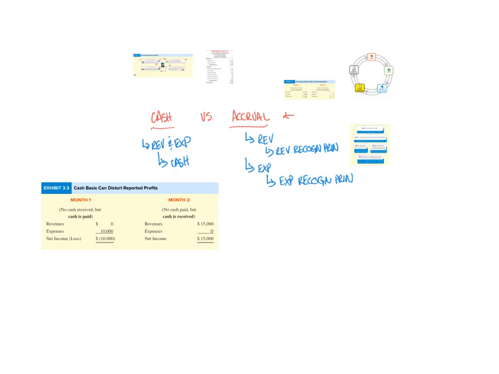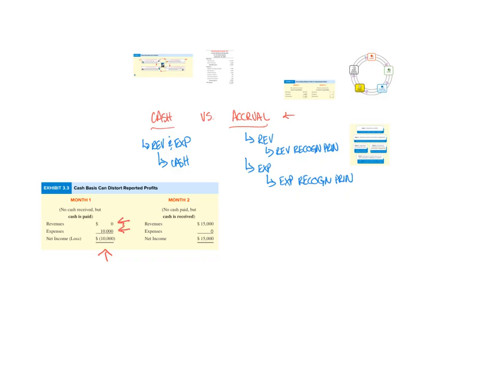In this first month, we pay our workers to provide the consulting services, so cash goes out, but we don't actually receive payment for the consulting services that we provided because those services are provided on credit, something very common when you have business-to-business transactions. And so our income statement, remember revenues minus expenses is net income, essentially shows a net loss in the first month of $10,000.